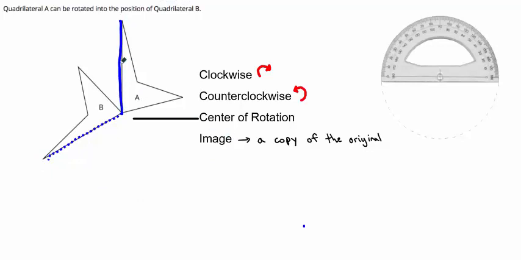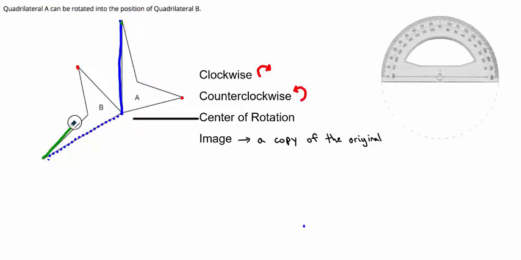So we say this side here corresponds to this side here. We could also say that this point here corresponds with this point here. And this point here corresponds with this point here. This side here corresponds with this side here. So that word corresponding is important also because that is going to help us find our angle of rotation.